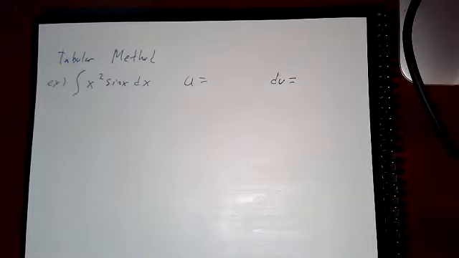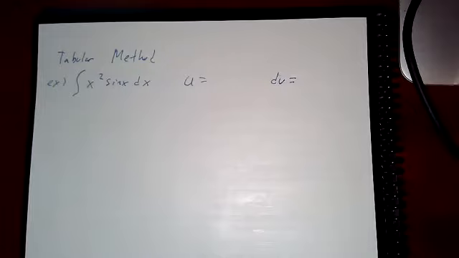The dv to be x squared and the u to be sine x? In this case, you can integrate both without any problems, right?